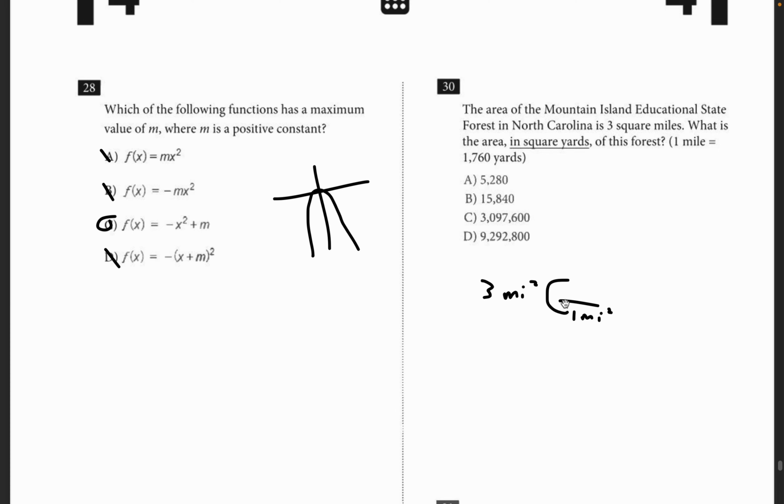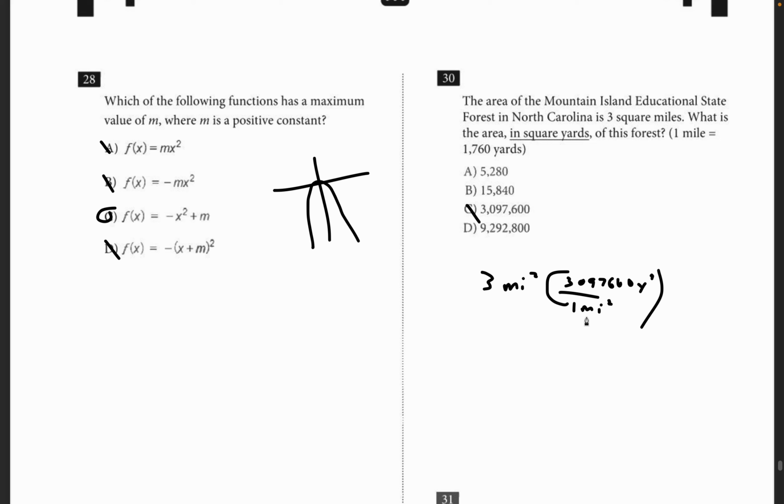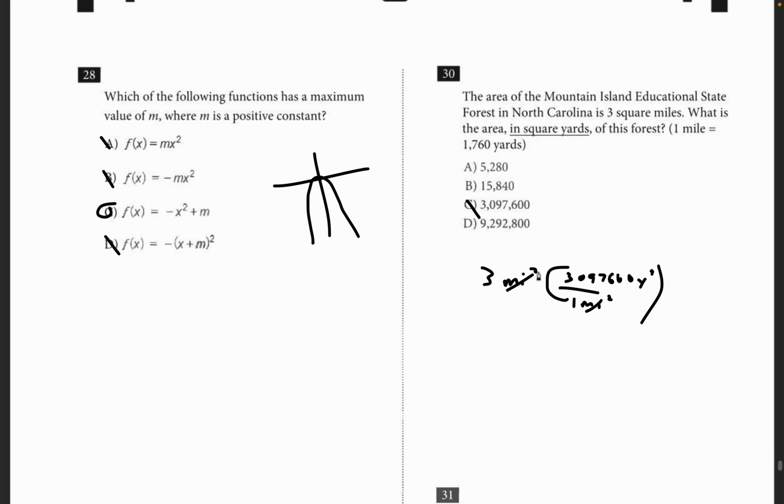That's 3,097,600 yards squared. So this is wrong because this is yards squared without multiplying. So 3 times this will give us that.